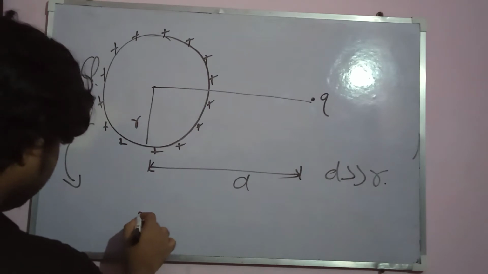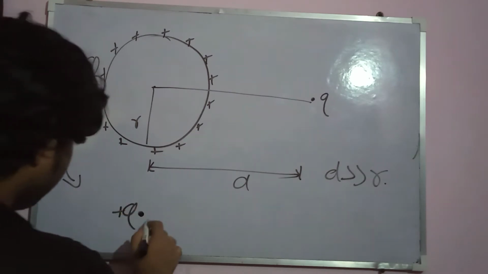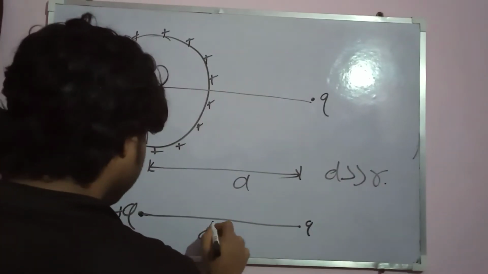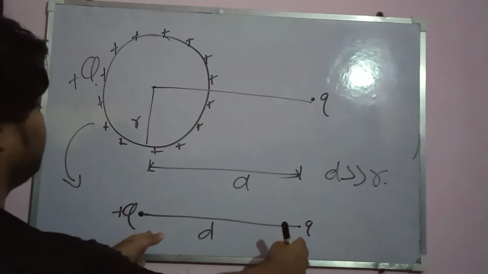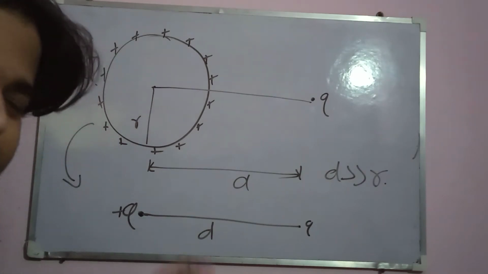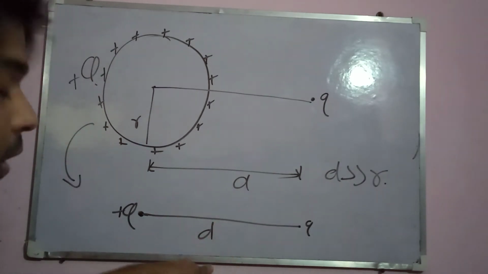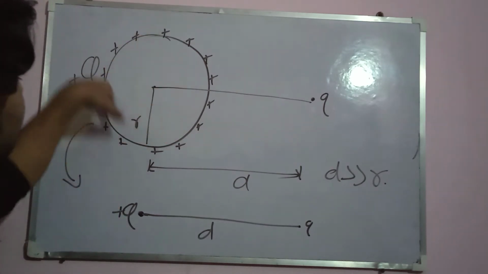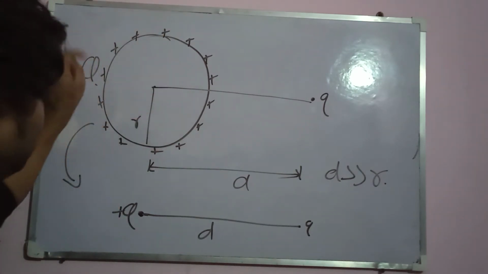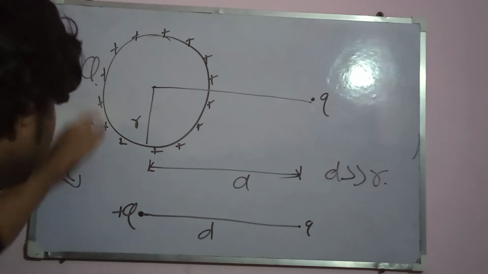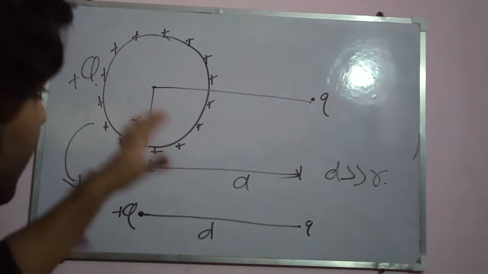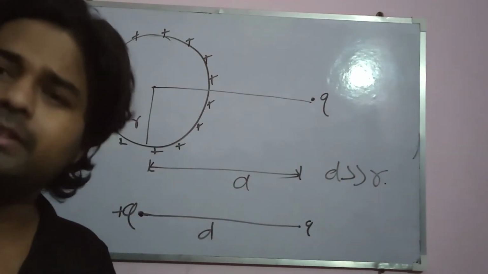That will be this plus q at a distance d, and now you just find the Coulomb's force between them by the formula F equals q by 4 pi epsilon naught d square. So how do we convert this conducting sphere having charge q into a point charge having the same charge amount? That's due to the First Shell Theorem, and I'm going to discuss the First Shell Theorem here.